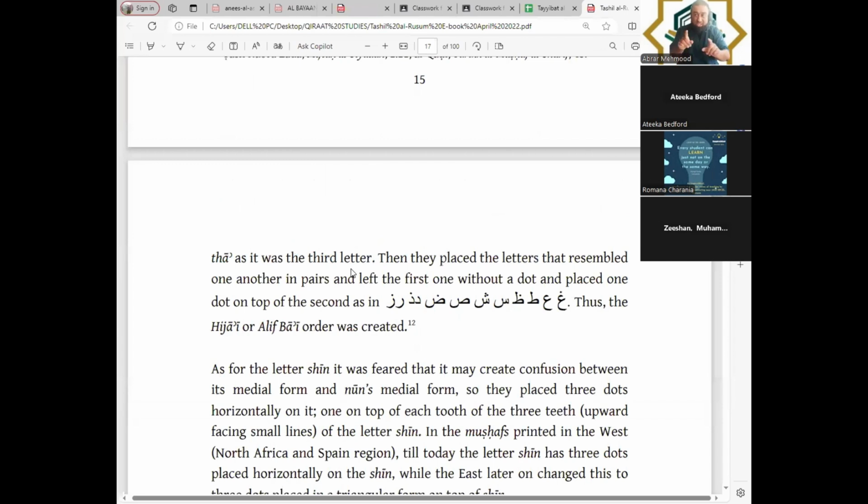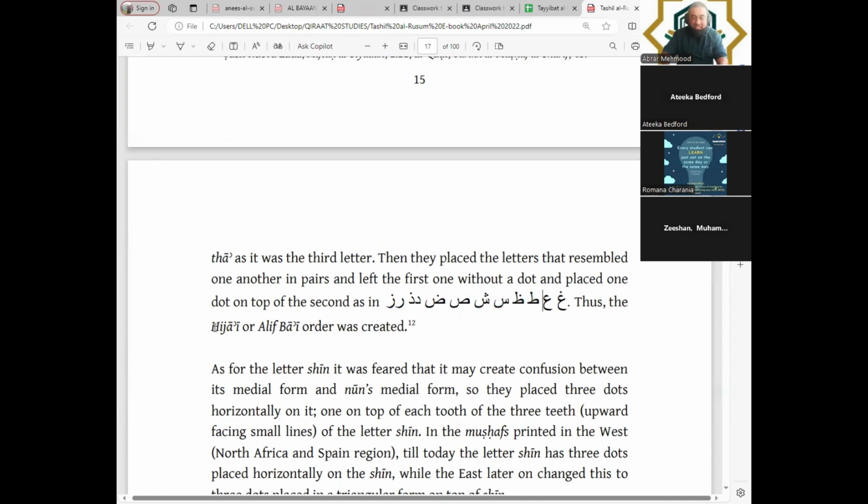So as we see it today in the Qaida, the primers that we use to train ourselves in preparation for the Quran, you'll see everything there, but the thought process, the history behind it, we're seeing it here. And then all of these letters, how they would give the dot to one and not to the other. Subhanallah.